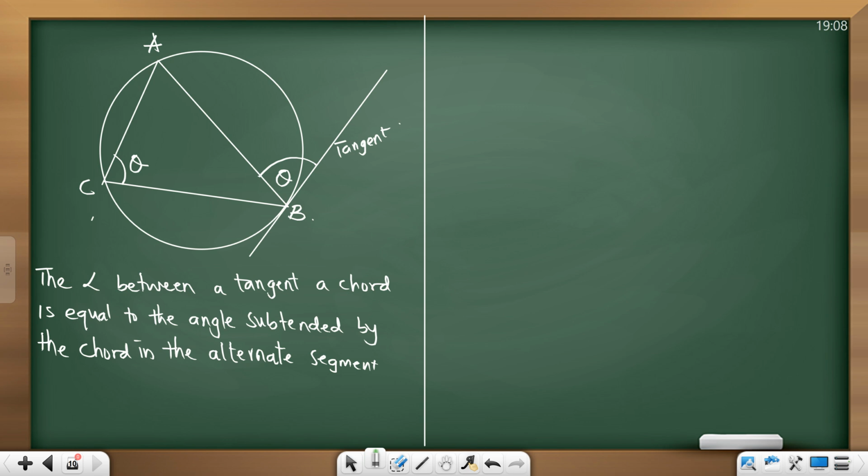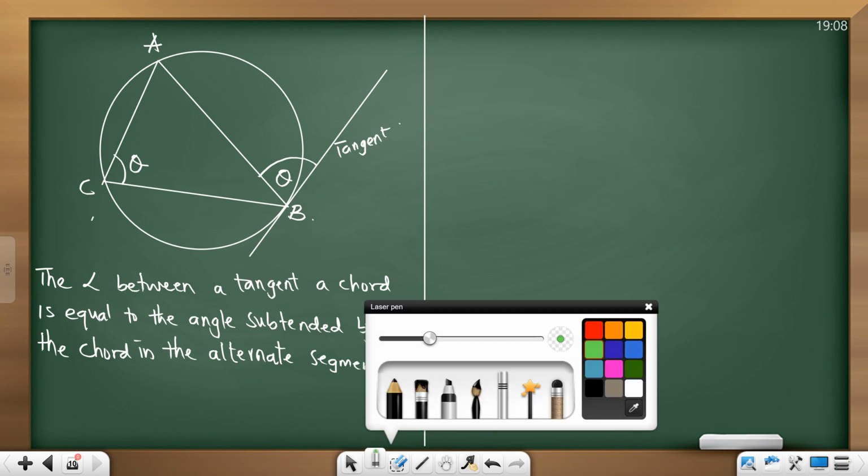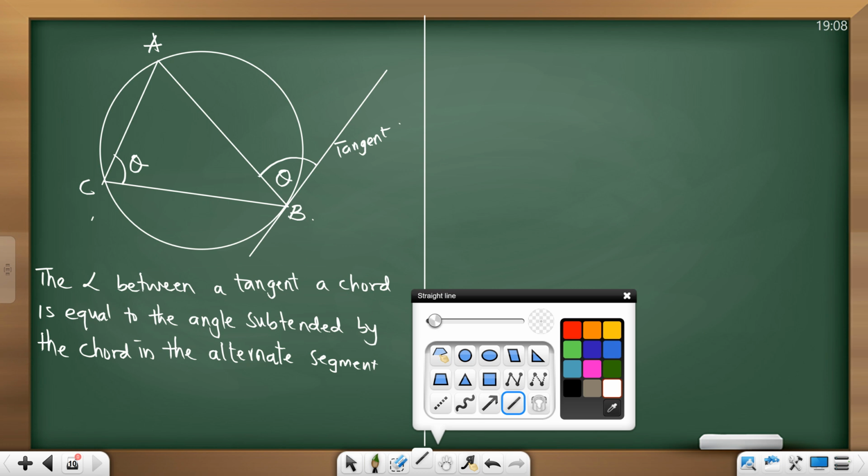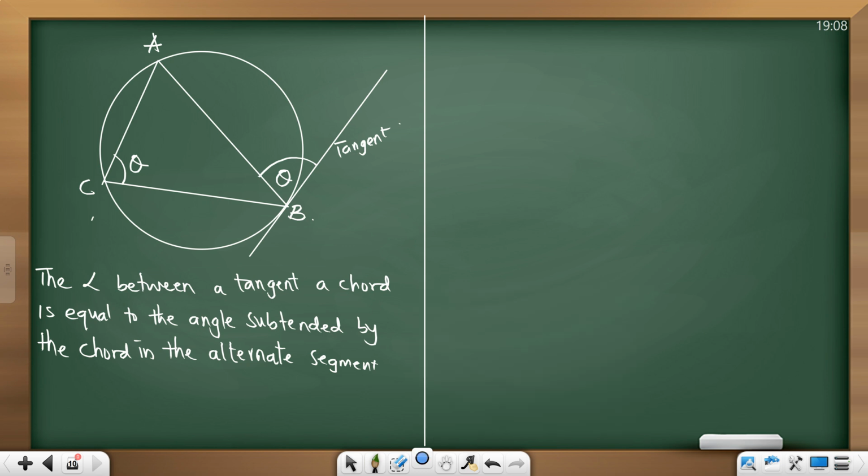Can you prove this? Can we prove it? So this is our third one, right? But let me do the third theorem, then prove this one. What's our third one?